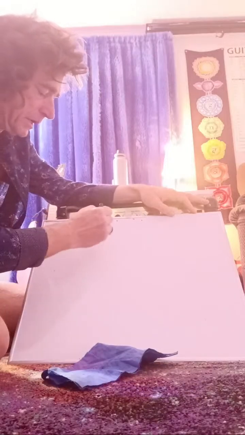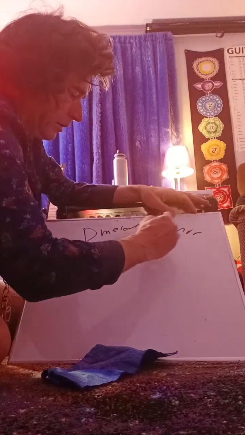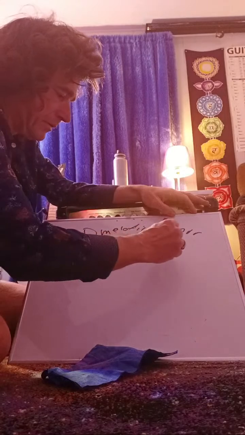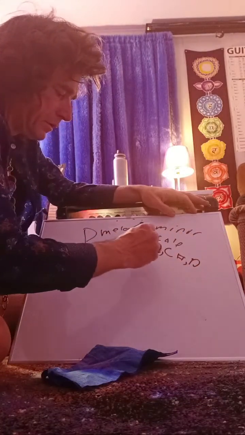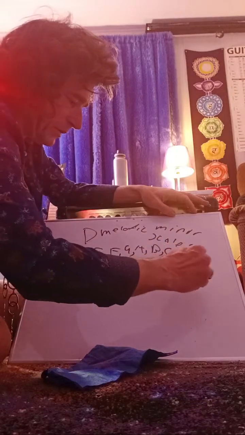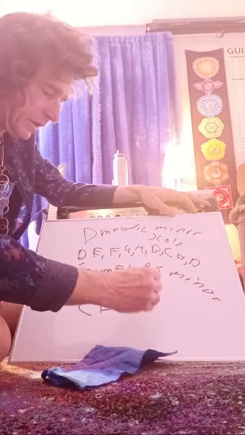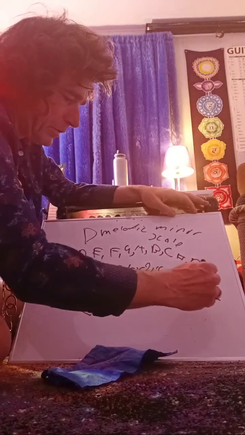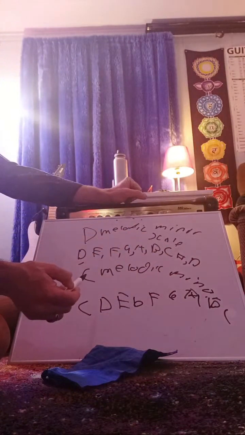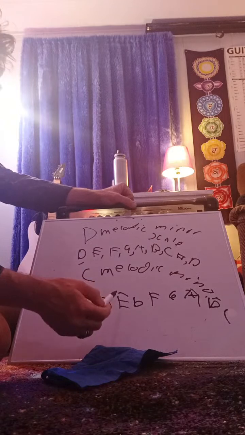D melodic minor scale can be spelled D, E, F, G, A, B, C sharp, D. Whereas the C melodic minor scale is spelled C, D, E flat, F, G, A, B, C. But these scales are the same scale, only one is spelled with a sharp note, in this case C sharp, and one is spelled with a flat note, in this case E flat.